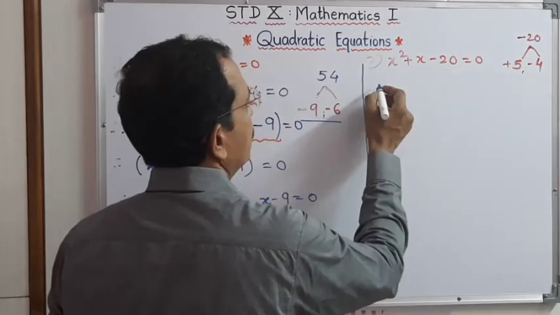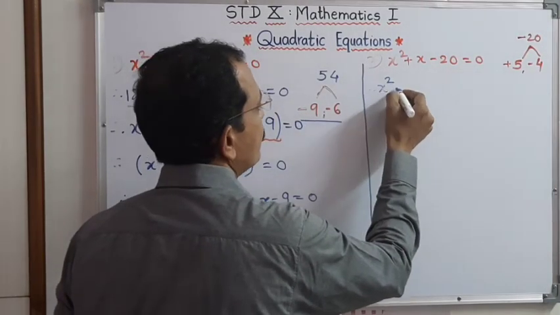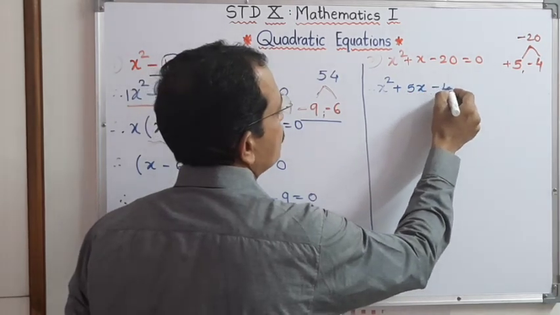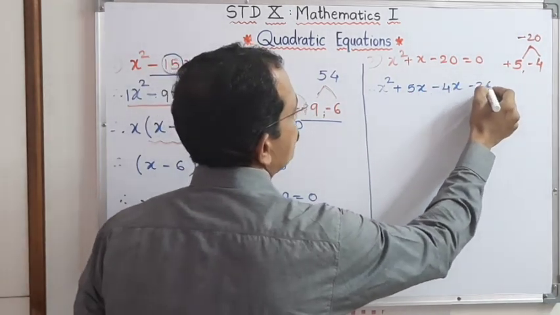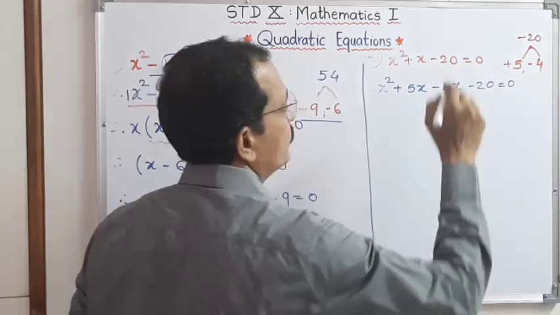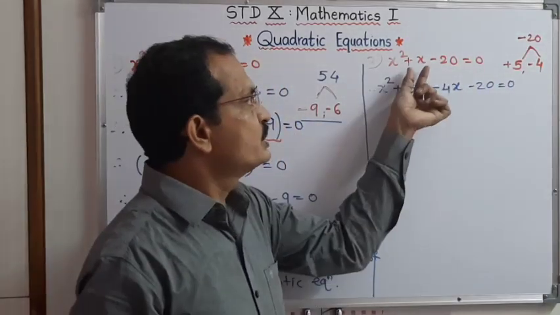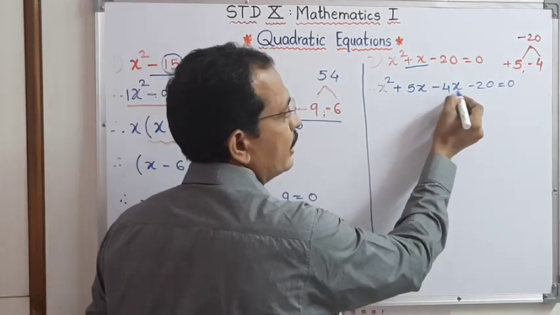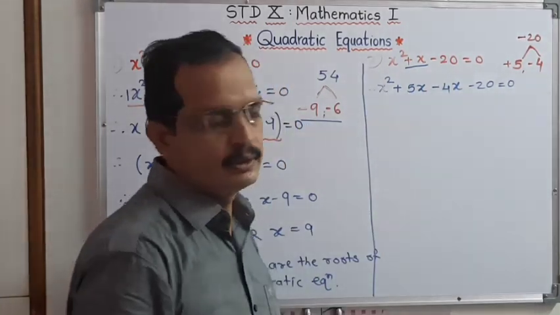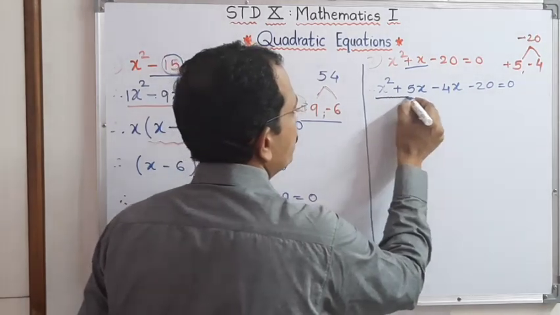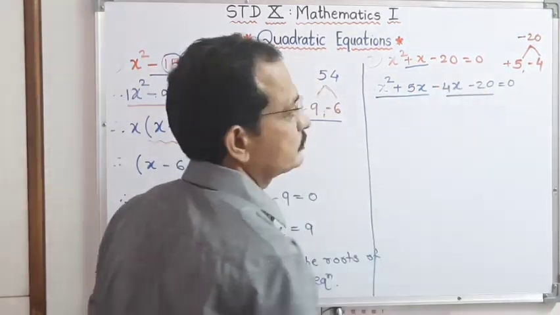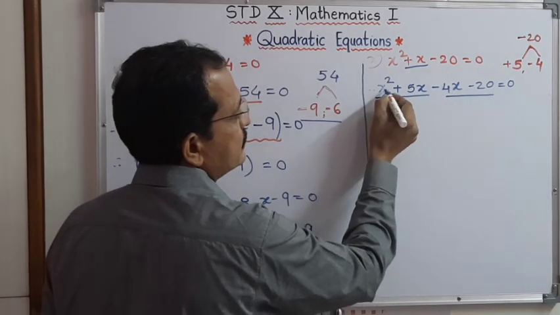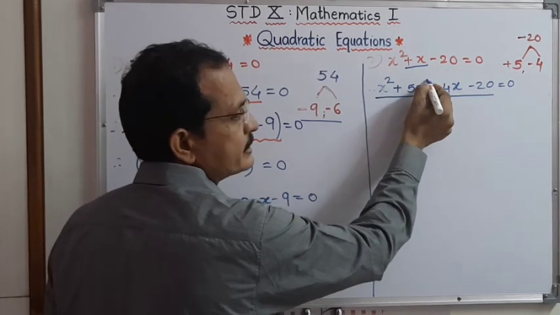Now see here, x square plus 5x minus 4x minus 20 equal to 0. See, instead of x, we write 5x and minus 4x. Now make groups of these two. First of all, the variables are x square and here x raised to 1.